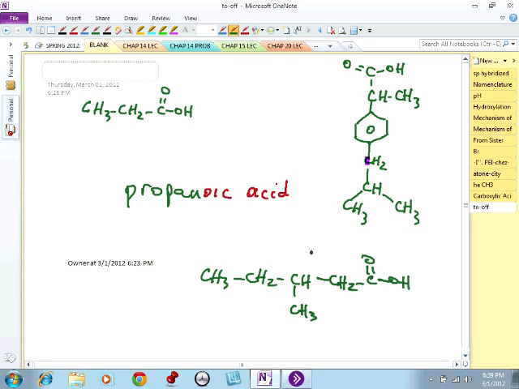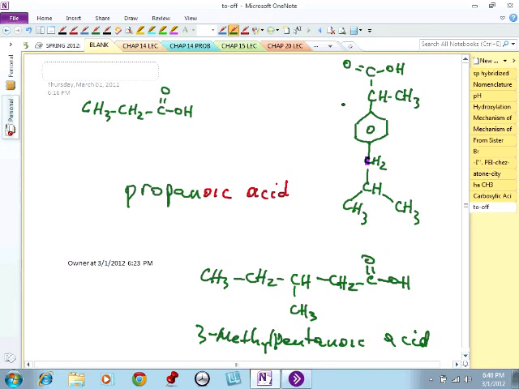What would be the IUPAC name of this molecule? 3-methylpentanoic acid? Okay, very good. 3-methylpentanoic acid. So, in this case, the longest carbon chain is 5. Notice that we start counting the longest carbon chain from the carbon that contains the carboxyl group.